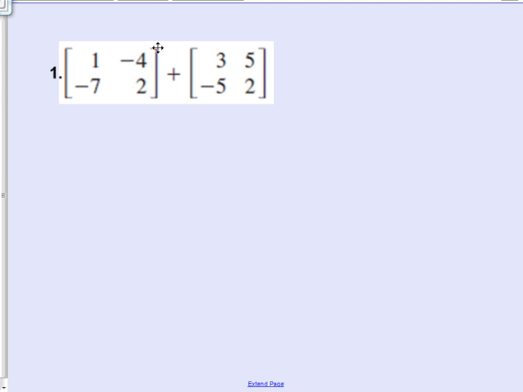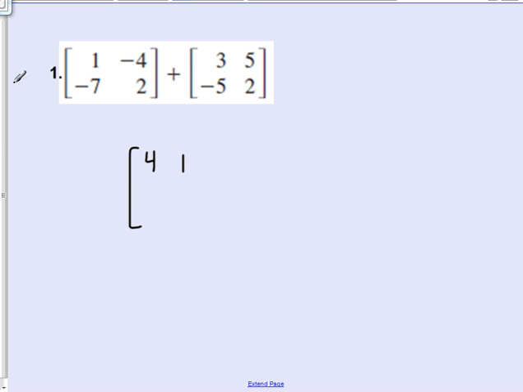We're going to go 1 plus 3, so we are going to get 4. Okay? Then we're going to go negative 4 plus 5. And negative 4 plus 5 is 1.